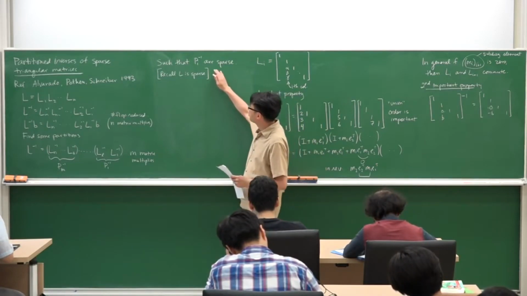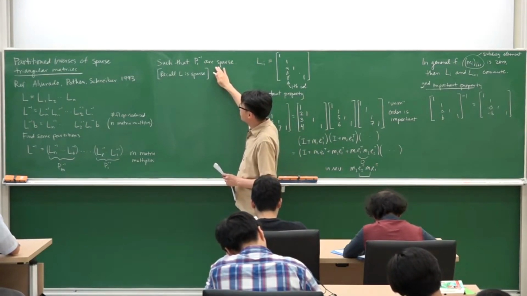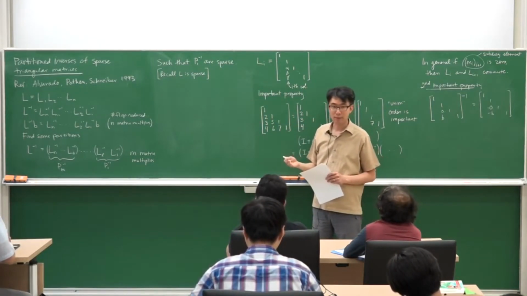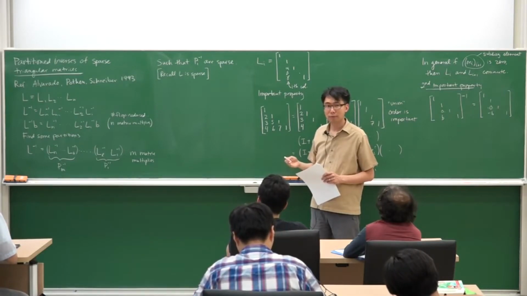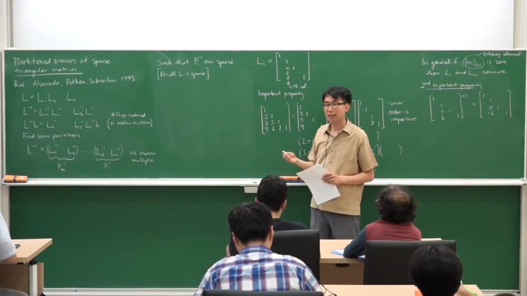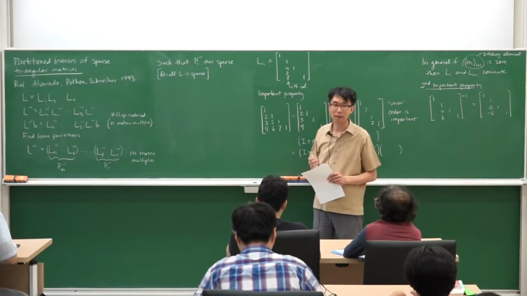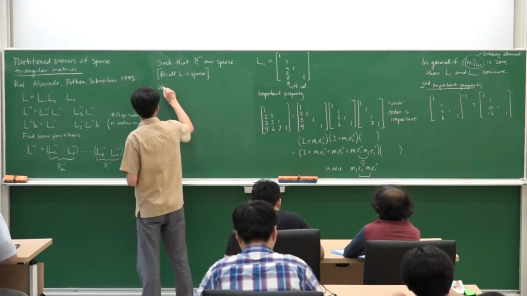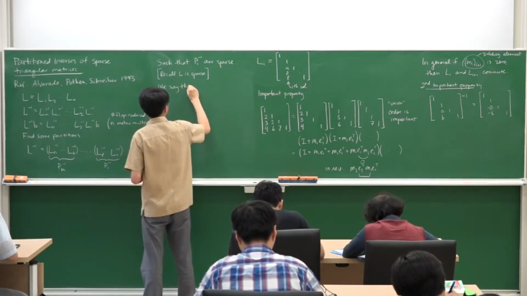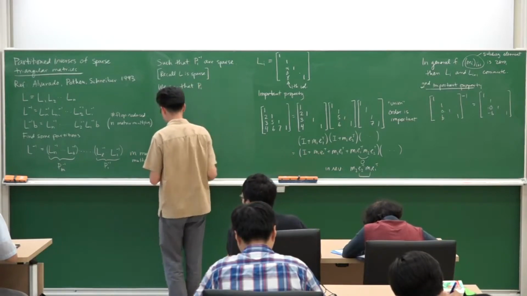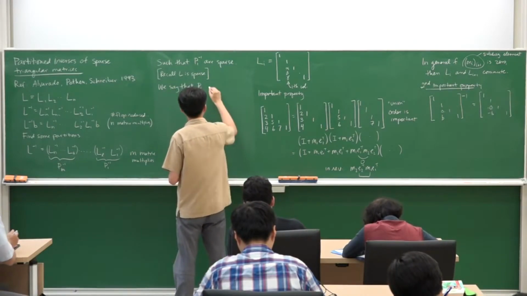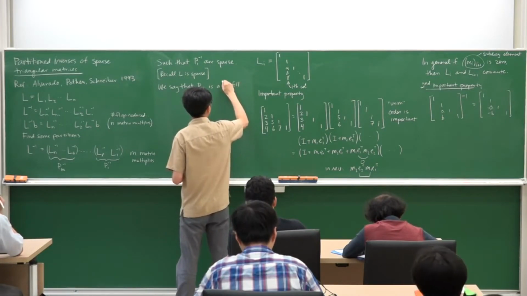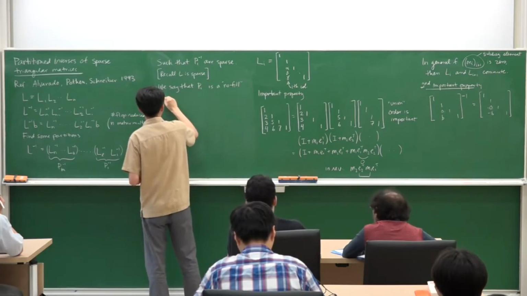A common, more specific criterion is to say that we want to have a P_i inverse with the same number of non-zeros, and in fact the same sparsity pattern as P_i. Okay? We say that P_i is a no-fill partition.